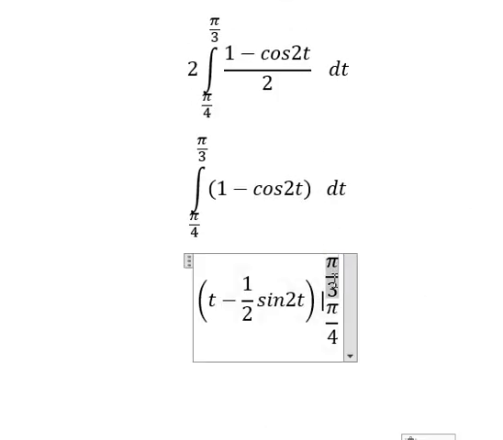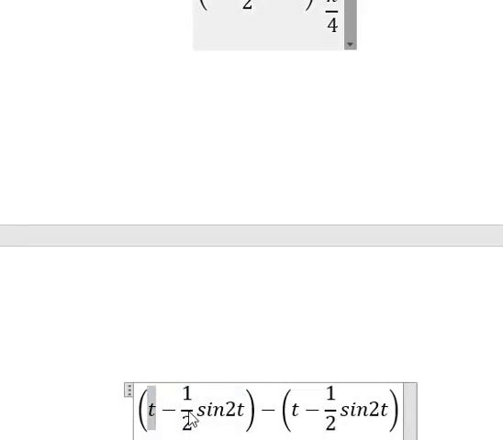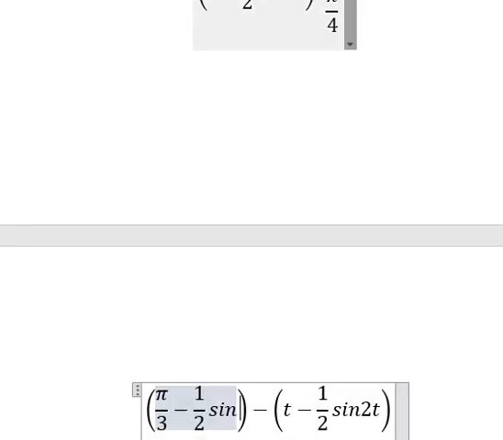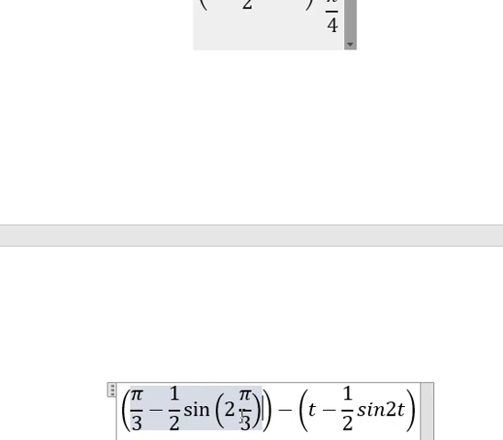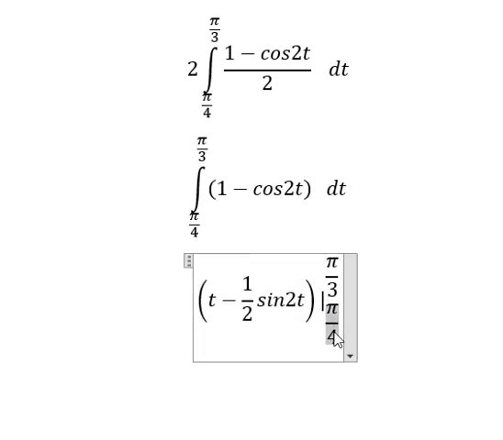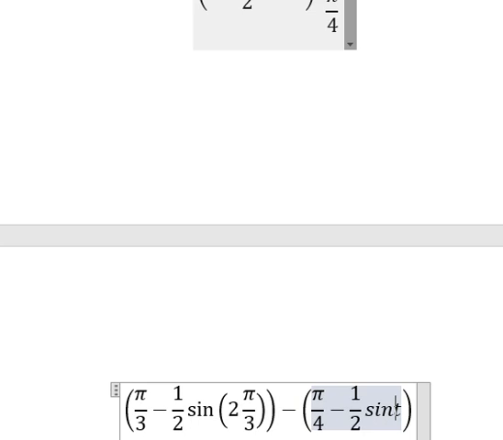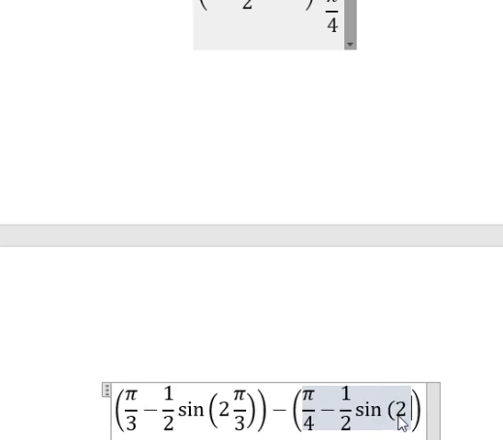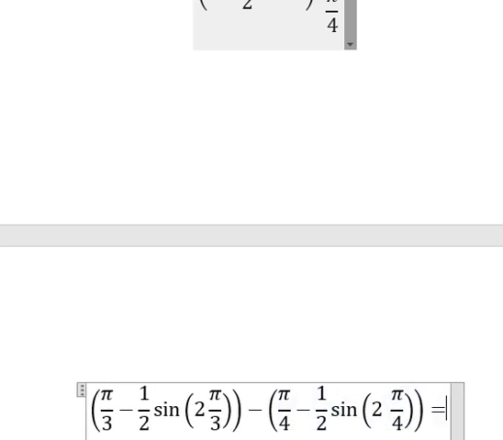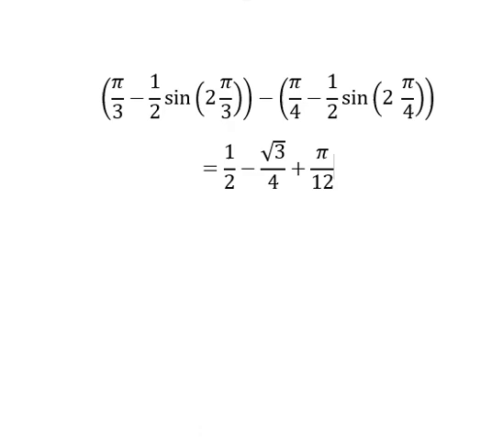So I will put pi over 3 go on here. And pi over 4 go on here. So we calculate this one. So we have this one.